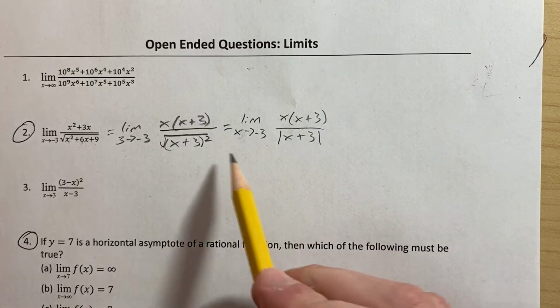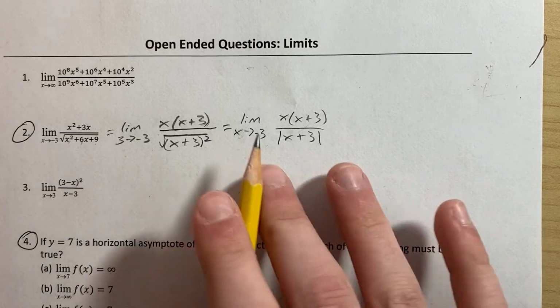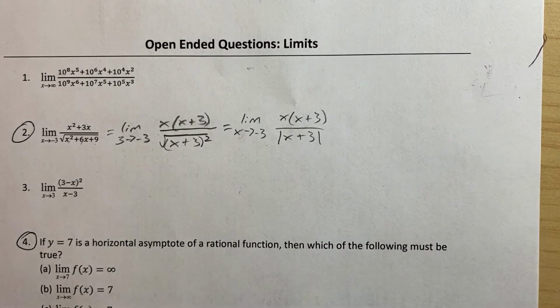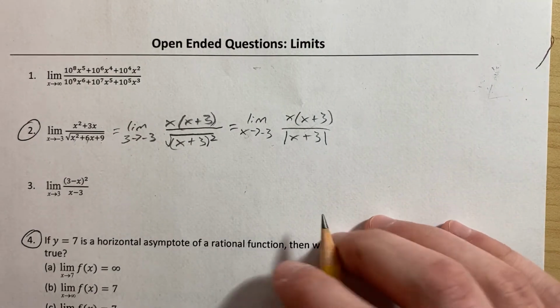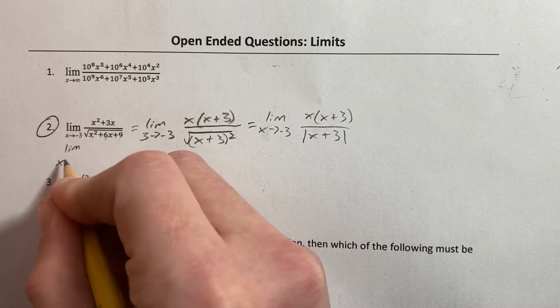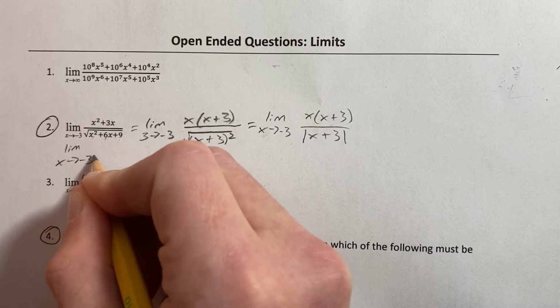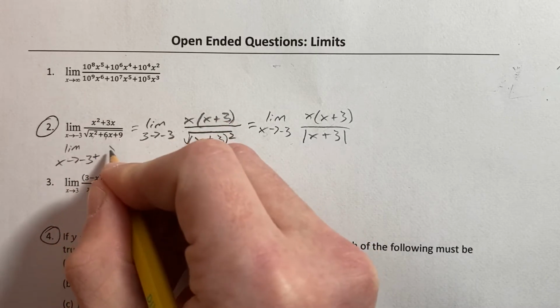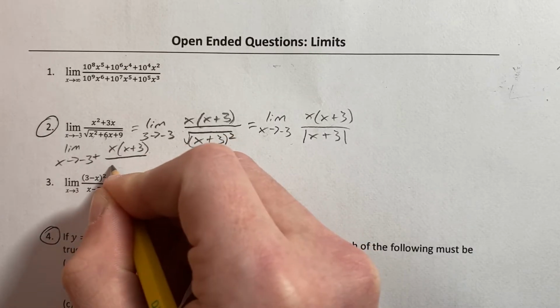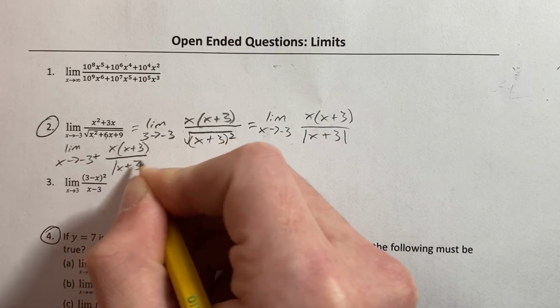In fact, you have to evaluate this limit not just analytically by plugging in negative 3, but you have to look at the right side of the limit and the left side of the limit and compare the two. Starting off, we look at the limit as x approaches negative 3 from the right of x plus 3 over the absolute value of x plus 3.